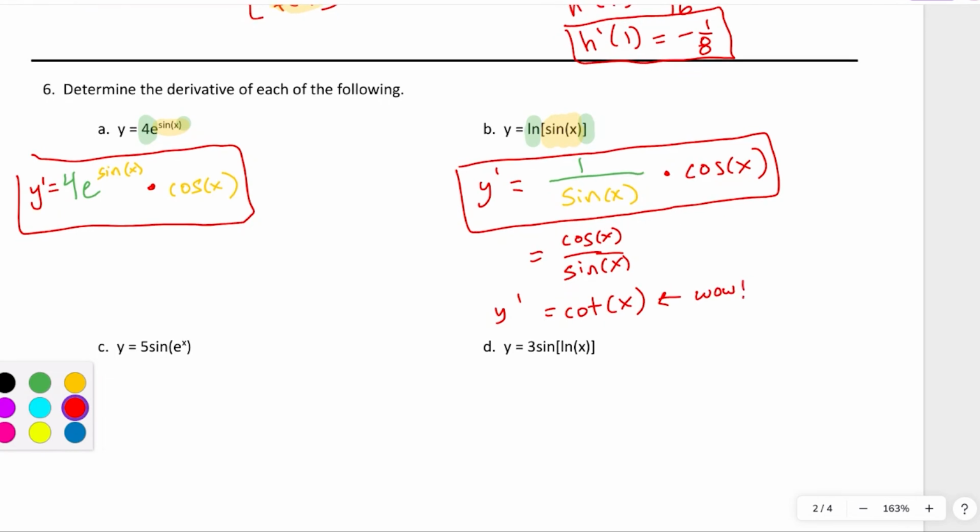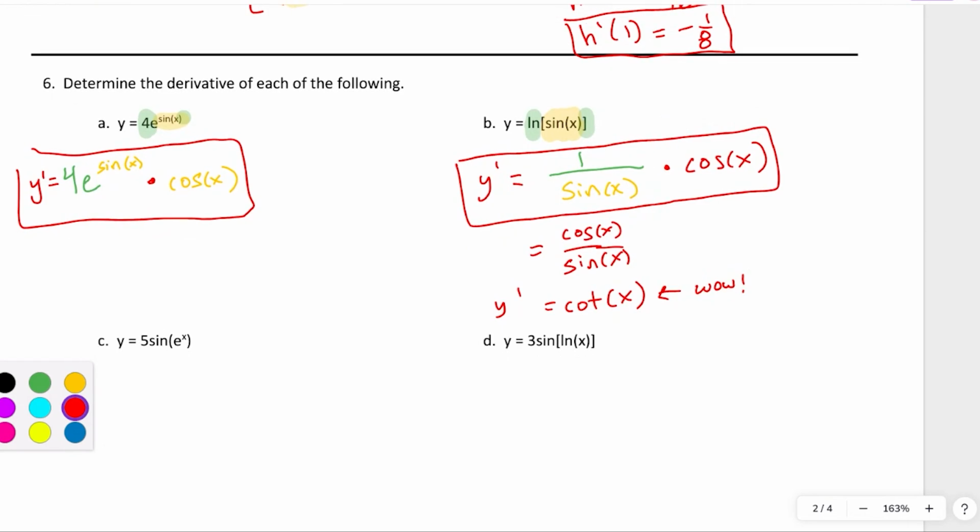Okay. So I guess what I'm saying is on a multiple choice question, if you stop here, and there's no answer choice that looks like that, and there's a cotangent in there, that might not be super obvious at first, but hopefully you can see the connection between those two answers.